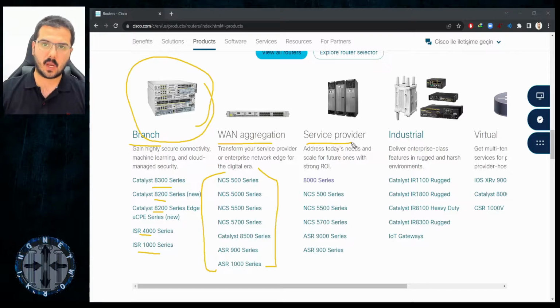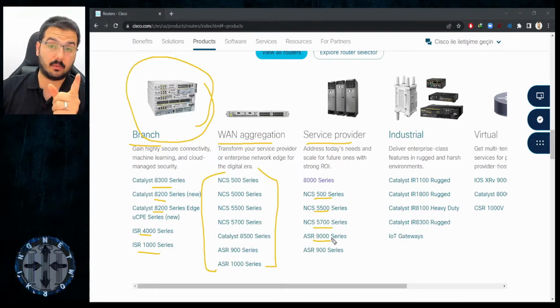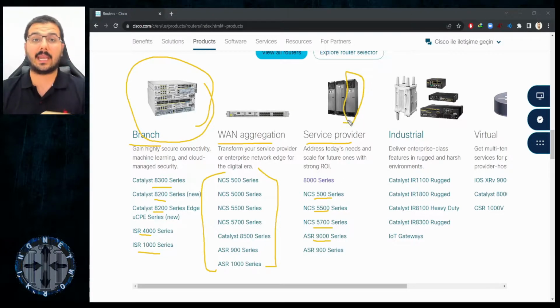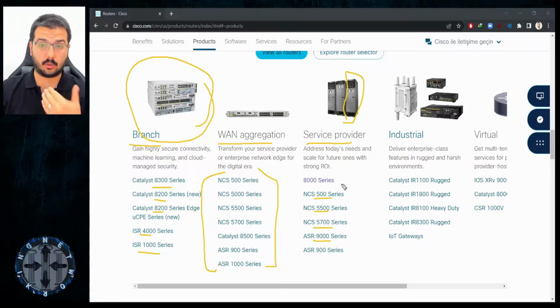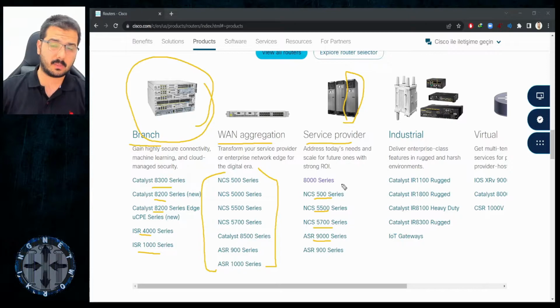In the service provider environment, inside ISP companies, you'll find the 540 and 560, 4500, 5700 as well, and the 9000 series, like the 9001, 9006, and 9010, and 9900 models are available as well. They will be rack devices, which are super expensive. We are talking about millions of dollars per node, depending on the specifications, but it's for their own purpose. Okay, there are the IR, look at how small they are.